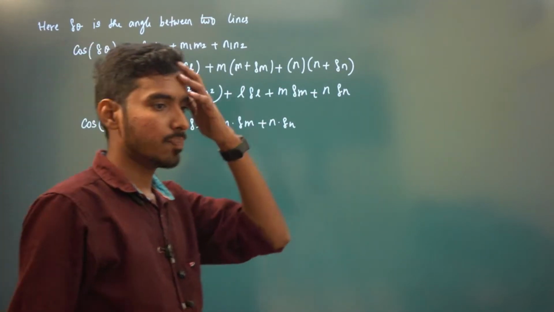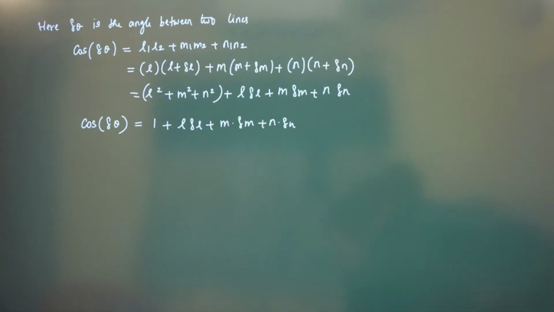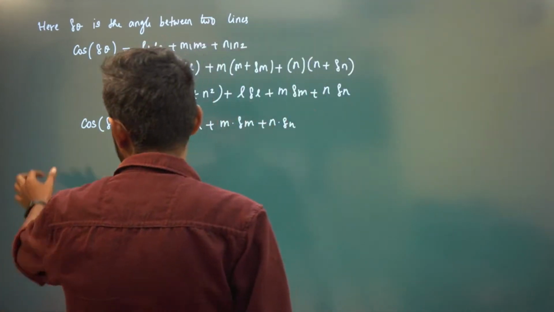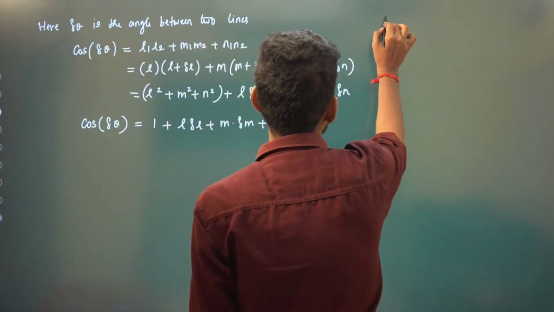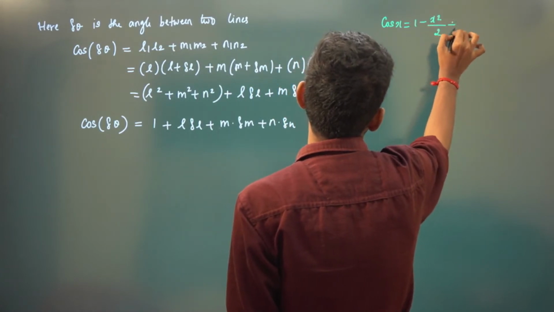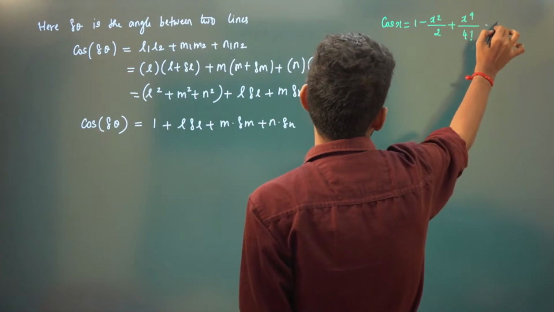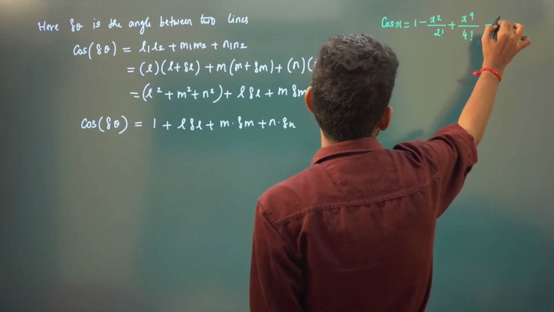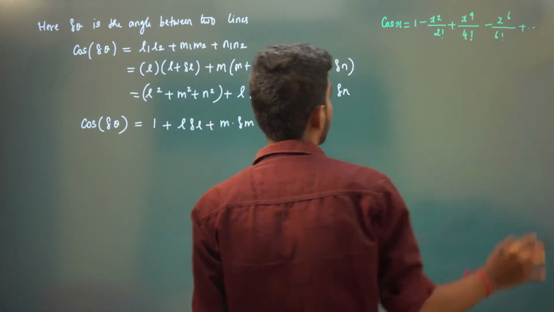See, what is the expansion of cos x? Expansion of cos x is 1 minus x square by 2 factorial plus x power 4 by 4 factorial minus x power 6 by 6 factorial and so on, right?